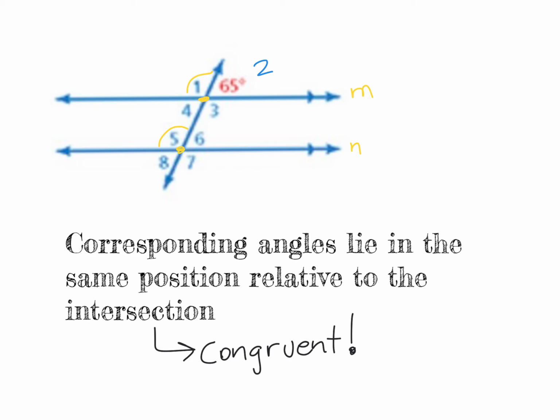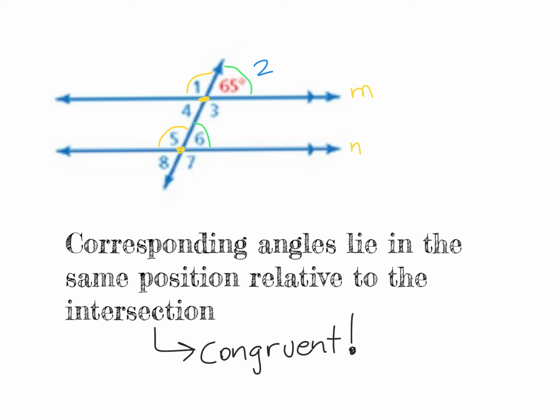In this example then, what we might also notice is that here in the first intersection at the top, we know that the measure of angle 2 is 65 degrees because that information has been given. That means that in the bottom intersection, we would know that angle 6, which corresponds to angle 2, would also be 65 degrees.